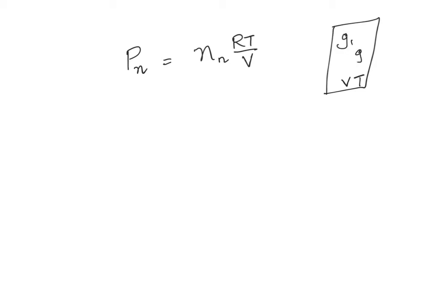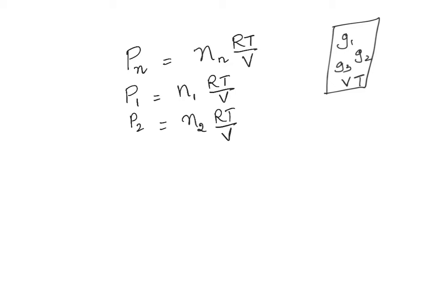It has gas 1, gas 2 and gas 3, for example. How will you find out the partial pressure of gas 1? Number of moles of gas 1, RT over V. Partial pressure of gas 2, number of moles of 2, RT over V, like this.